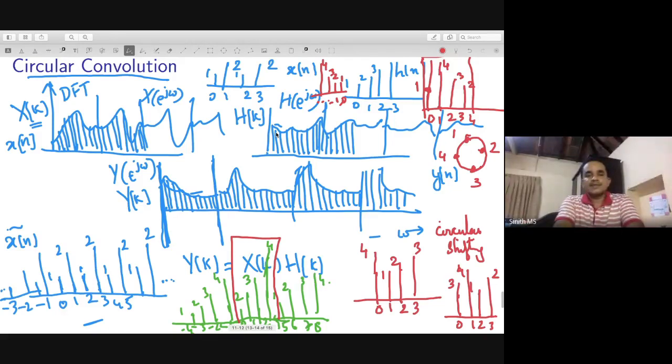The inverse transform, or the time domain representation of y of k, will be periodic, and for that periodic signal, when you do shifting and time reversal, we are concerned about only the small frame in which there are 4 samples. So other samples from outside the frame get inside, and that is how we get circular shifting and circular time reversal.